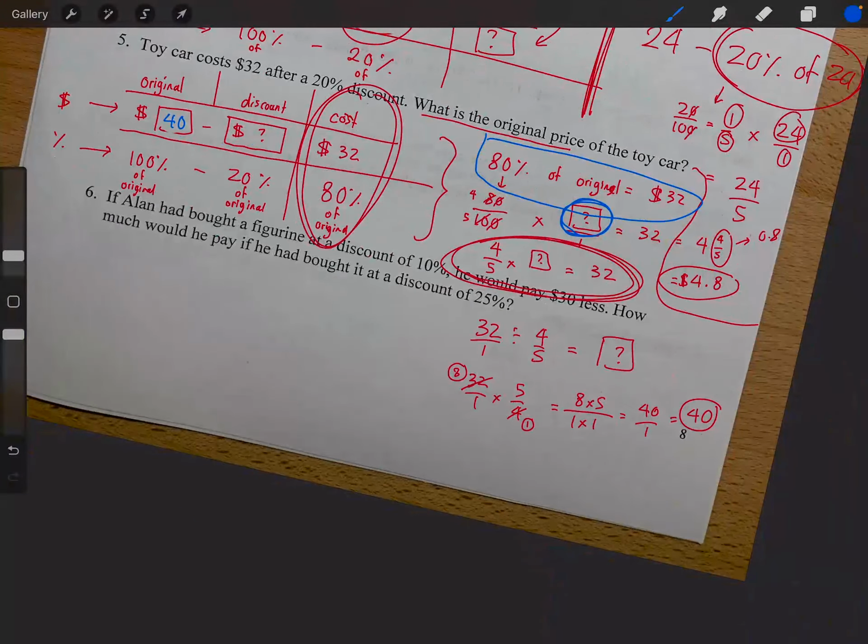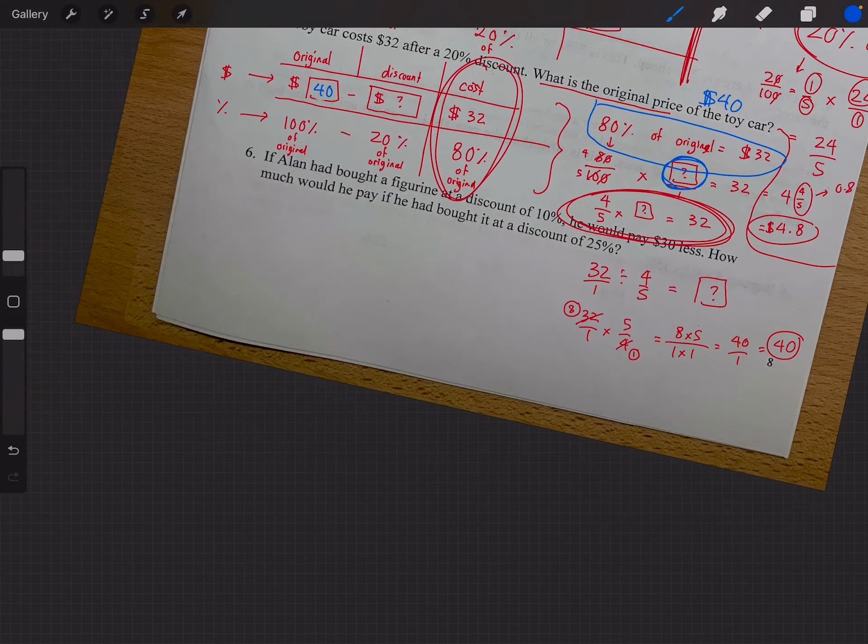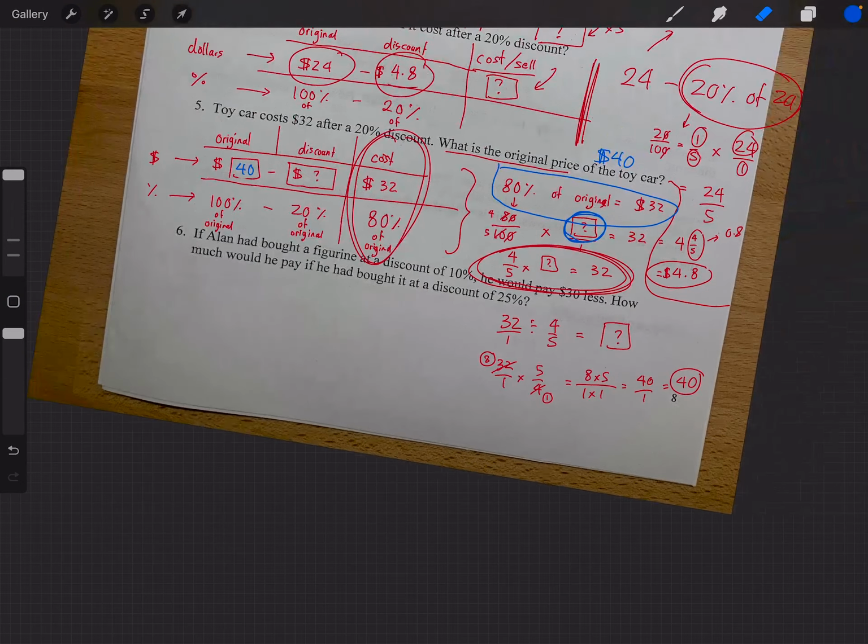There we go. We work backwards to get the answer. So what's the original price of the car? That's $40 is the answer there. Okay, a lot of this one's pretty tricky, so it's okay if you don't understand that. We can do it again in class if you want. Okay, moving on.